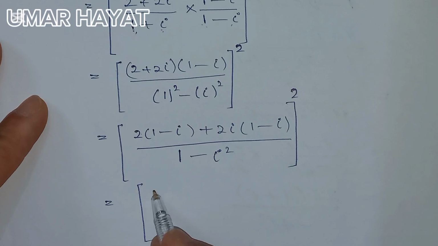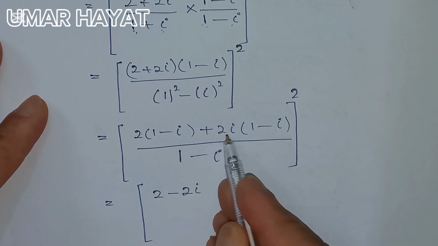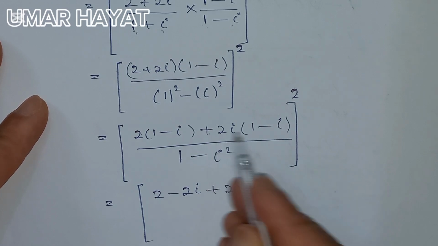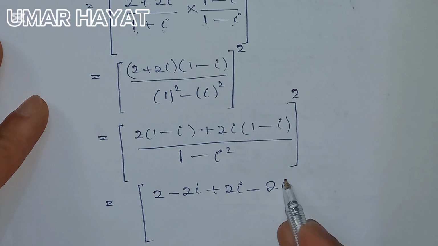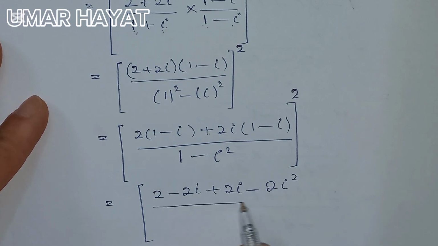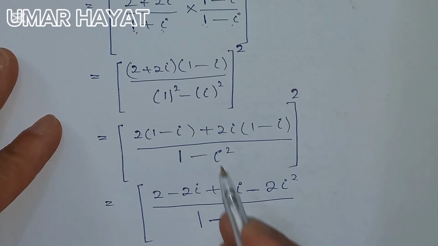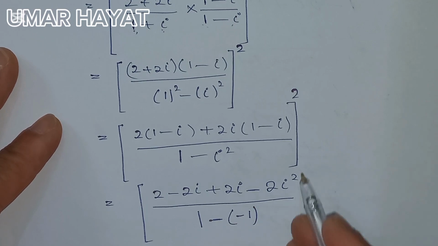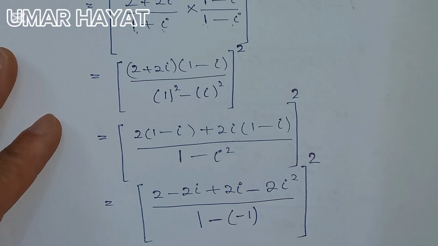Now the next step is 2 multiply 1 is 2, 2 multiply minus iota is minus 2 iota, 2 iota into 1 is 2 iota, and plus into minus minus, and 2 iota into iota is 2 iota square, and in denominator 1 and minus iota square. Iota square is equal to minus 1, so we replace iota square by minus 1 and put bracket sign and take power 2.